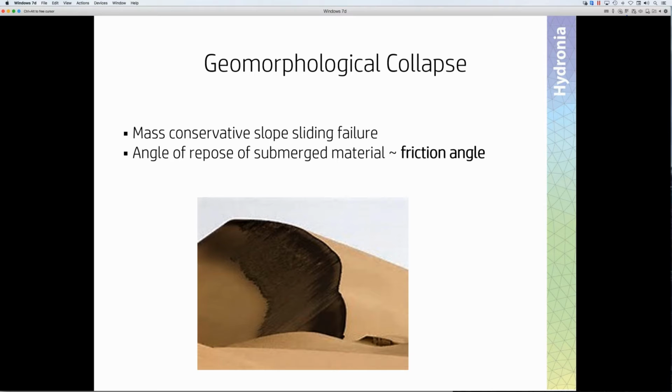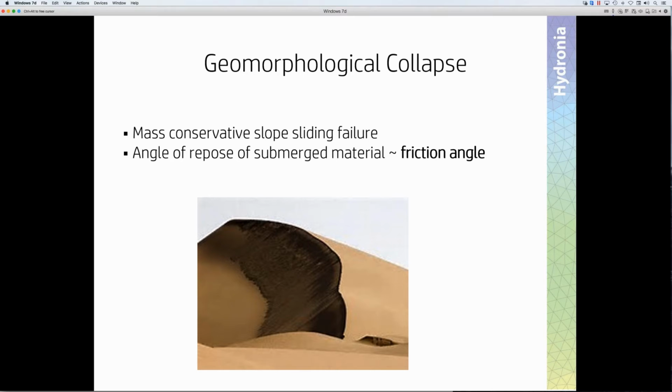Now, it's very important. One feature that the model provides is the geomorphological collapse algorithm that allows you to provide a friction angle, and with the friction angle, limit the maximum gradient that the bed can achieve.